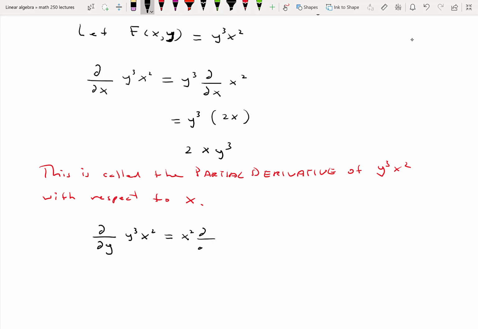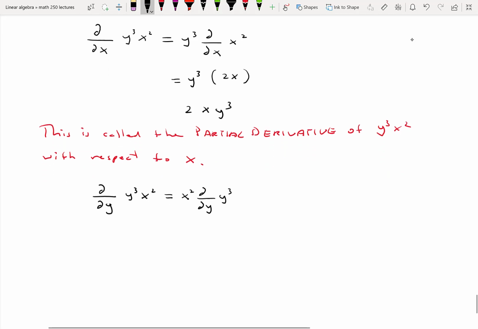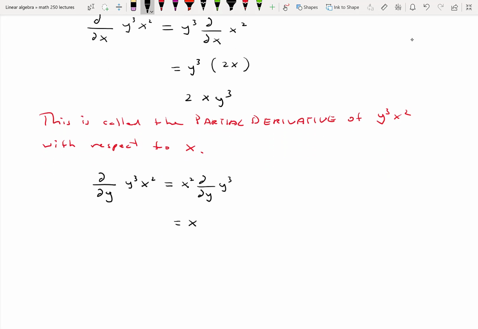I'm holding x constant, so it can be factored out of the differentiation operation. And then I take the derivative of y cubed with respect to y. This is nothing more than 3y squared, or 3x squared y squared. This is the partial derivative with respect to y.